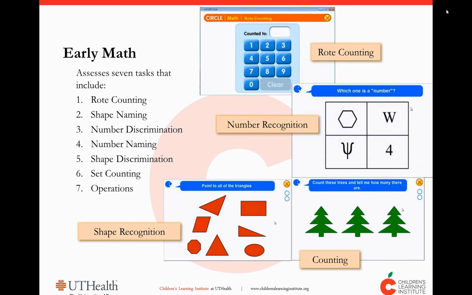Here you see examples of items for rote counting, number recognition, which one is a number when they see 4 stimuli, point to all of the triangles as one item under shape recognition, and an item in set counting. Count these trees and then tell me how many there are.